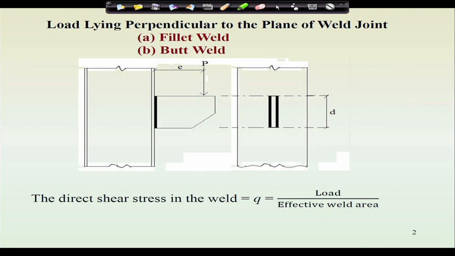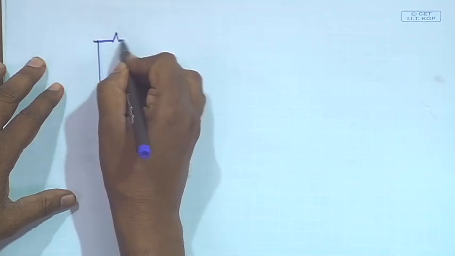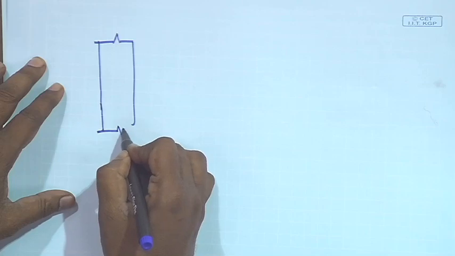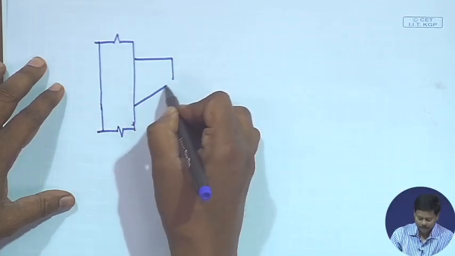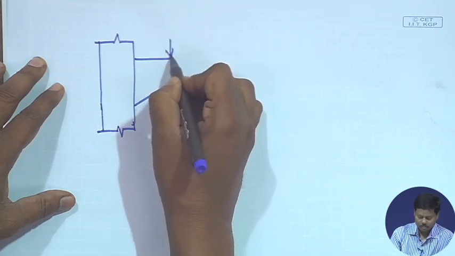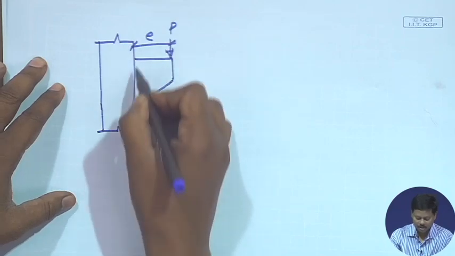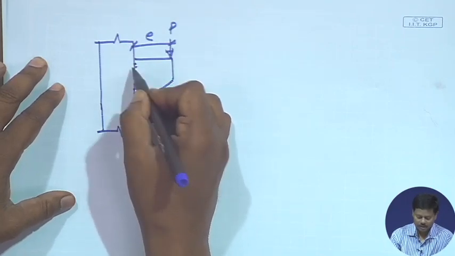That is when a column is loaded with an eccentric load, say of eccentricity e and load P, and this portion is of fillet weld.